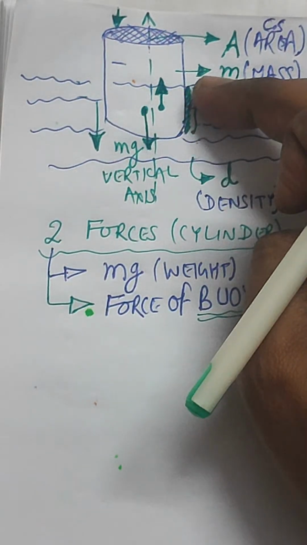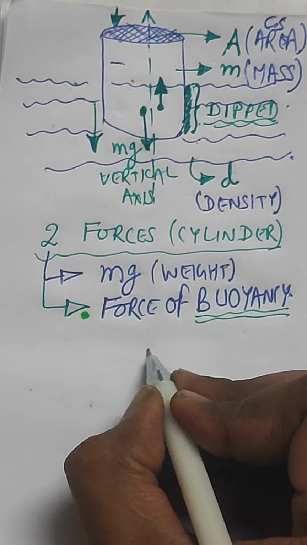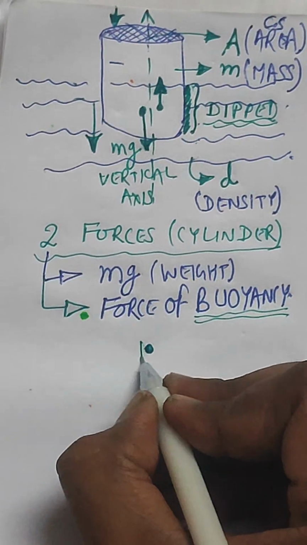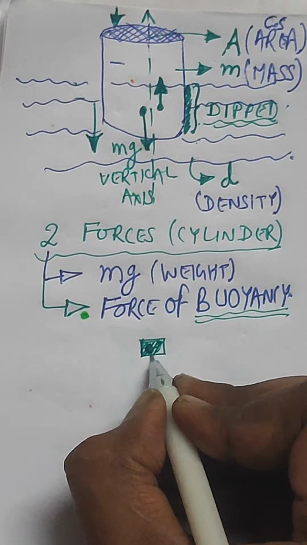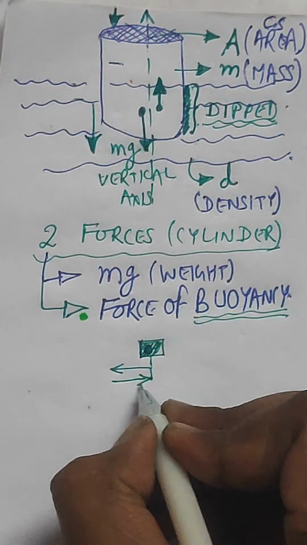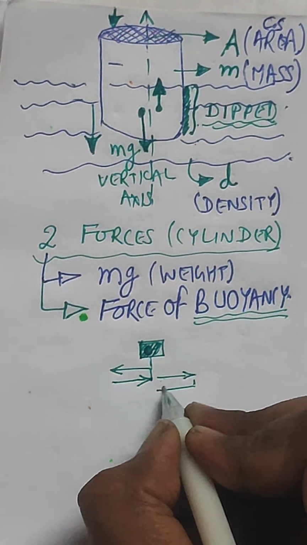So this buoyant force is responsible to restore the position of the cylinder to its original position, that is the mean position. So if you remember the SHM for any pendulum or any mass, that mass was moving from its mean position to left, then coming to its mean position, then goes to right, then again coming to its mean position.